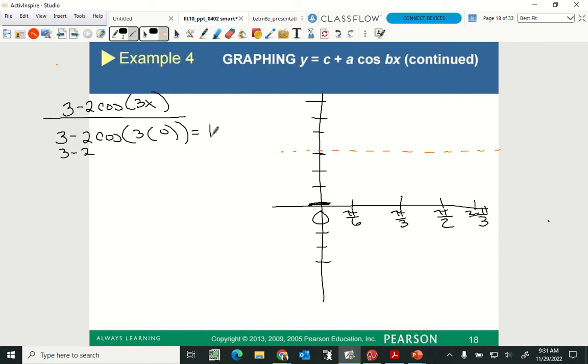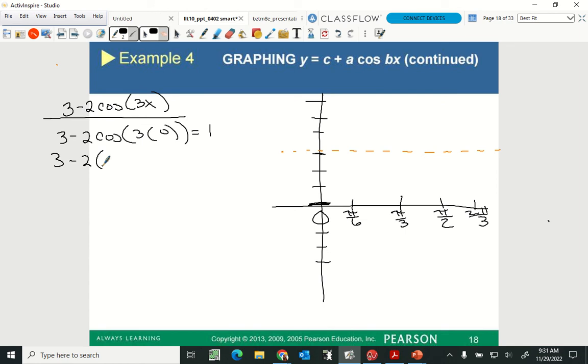Does that make sense, or did it not make sense? Because we had to do a little bit of mental math there. So do you want me to do step by step? Go back over it? Yes? Okay. So 3 minus 2. All right, so we got cosine.